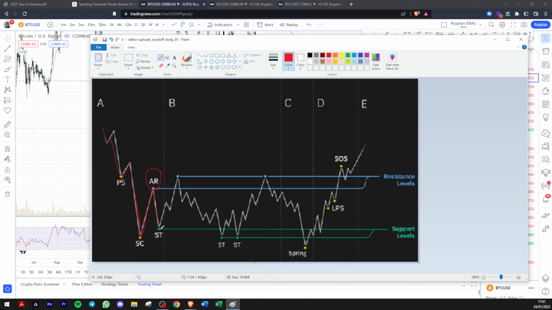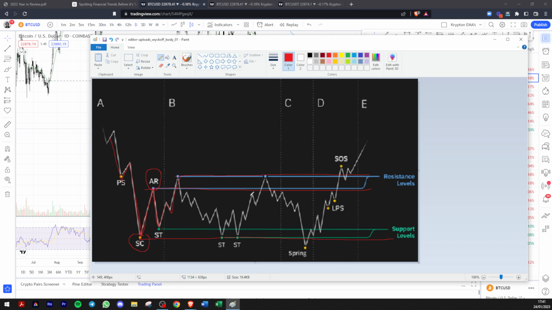Usually, the automatic reaction, the top of this Wyckoff accumulation pattern, will be the top of the range, and sometimes you see it break over this, as you see here, and that is the next top of the range. Now, the pinnacle of the capitulation usually becomes the support zone.